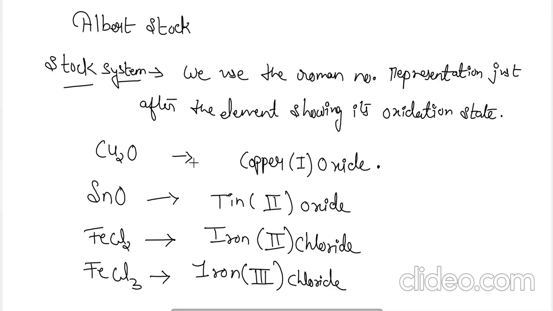Okay, so for higher oxidation states also we can show it here, such as Mn2O7. Here manganese is having the oxidation state of 7, so it can be easily shown here.